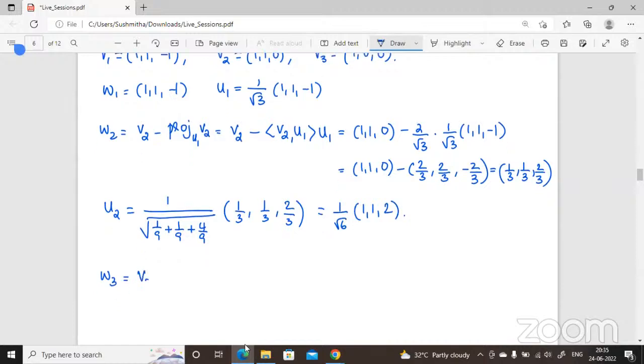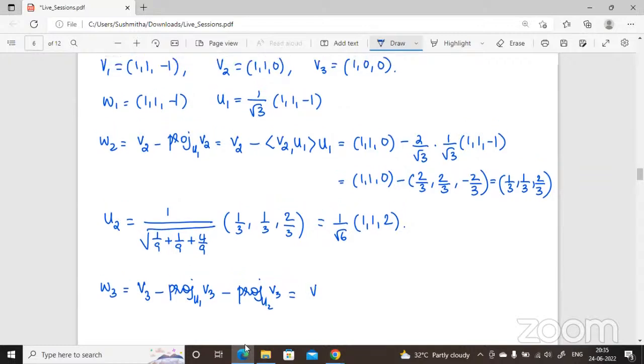W3 is V3 minus the projection of V3 on U1 minus the projection of V3 on U2, on both the vectors. It means you want W3 to be perpendicular to the plane generated by U1 and U2.